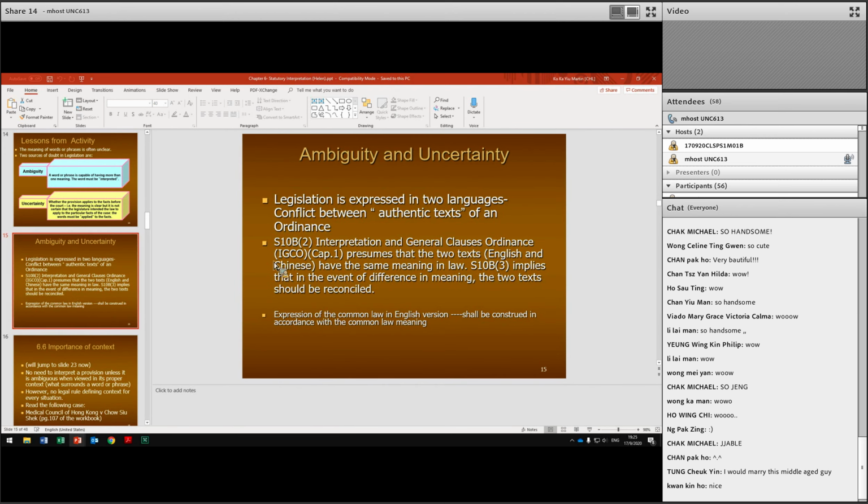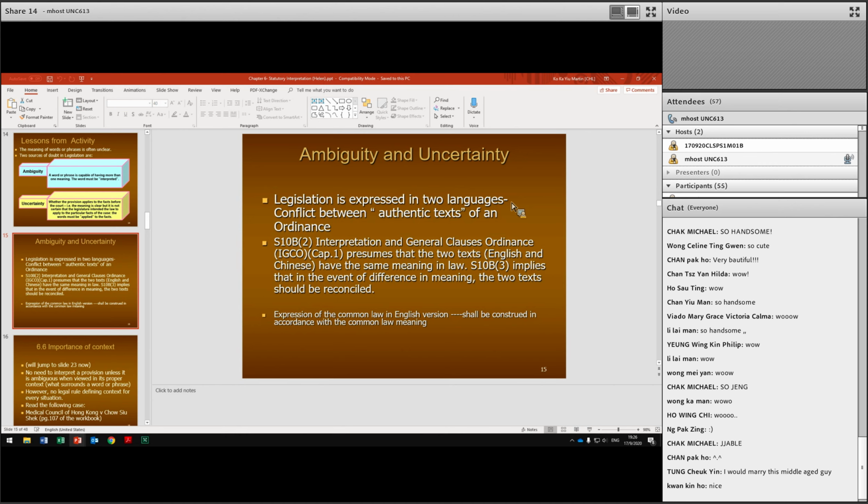Also in Hong Kong, one of the difficulties, one of the problems of interpretation of legislation, is that legislation in Hong Kong is expressed in two languages, English and Chinese. In the past, the Chinese version was only the translation version. I recall when I was a small boy, many Chinese legal documents had wording to say that it's only a translation version.